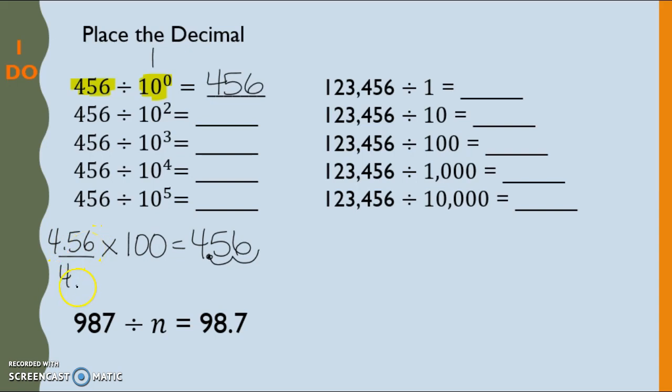Is that true? 4 and 56 hundredths times 100 equals 456. Yes, that is true, because I would move the decimal 2 times to the right, and that would give me 456. So the answer is 4.56. I bet that I could keep going with this pattern.